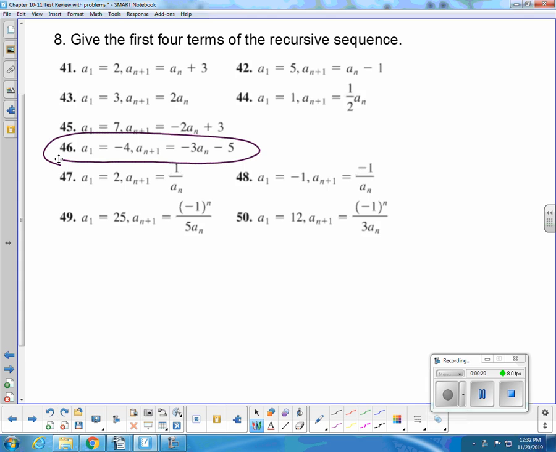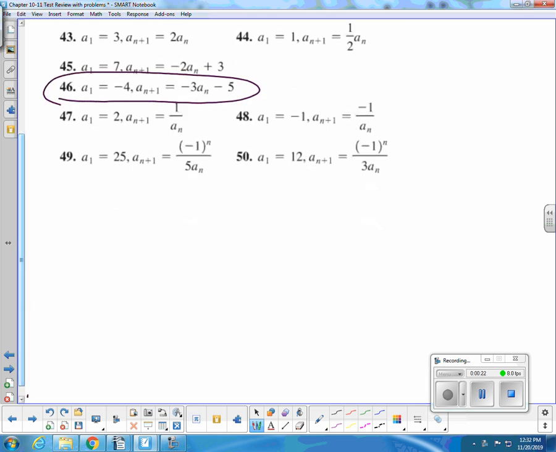All right, so the first term is -4. It's recursive, so you're going to throw that answer back up into the recursive part of the formula. So -3 times -4 is 12, -5 is 7. And for the next term, you put that answer into the recursive part of the formula.